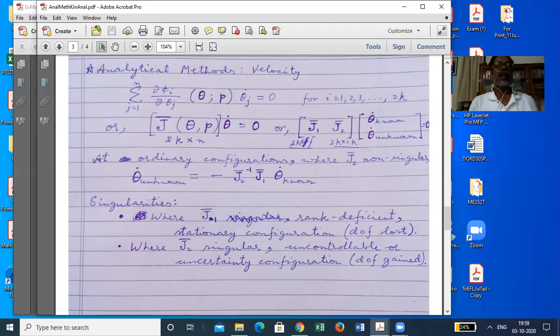Now these 2k such equations you get. If you organize them in 2k rows and n terms, as many as there are, therefore the coefficients, when you organize and put the rates as a vector, you get this matrix vector equation. This is symbolized as J for Jacobian.